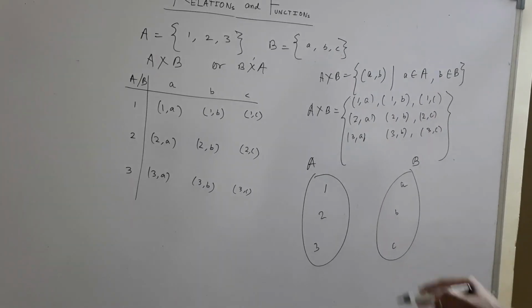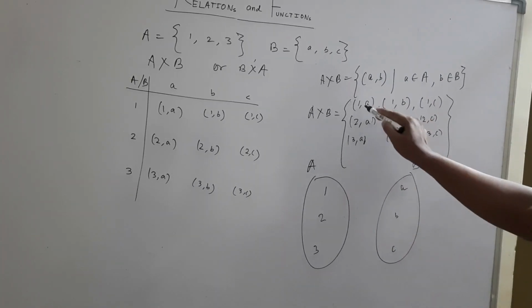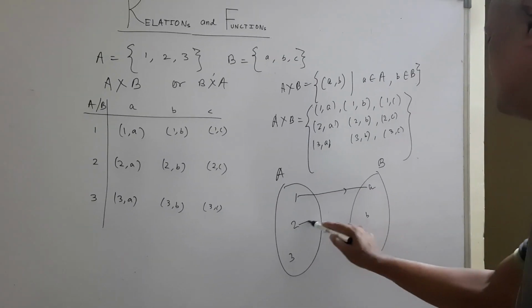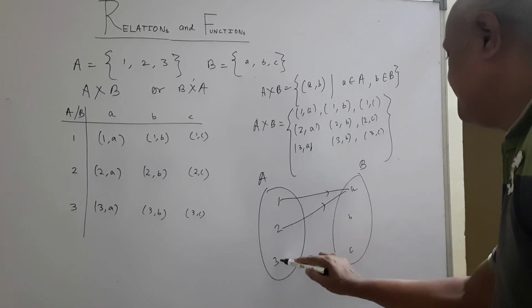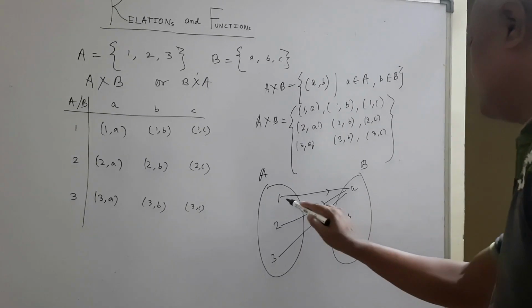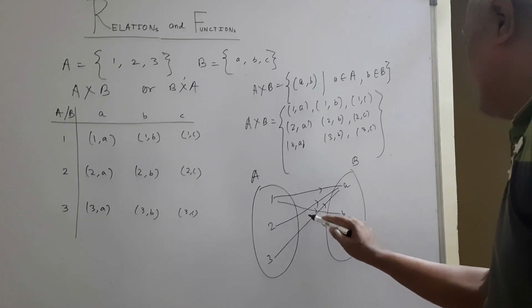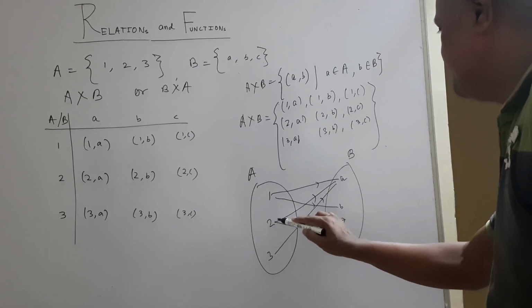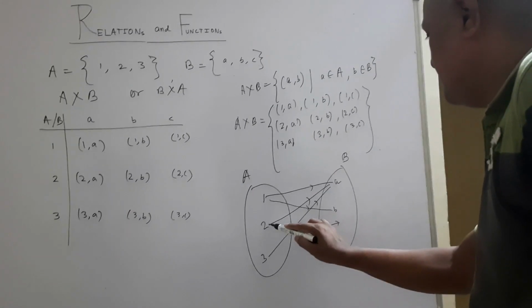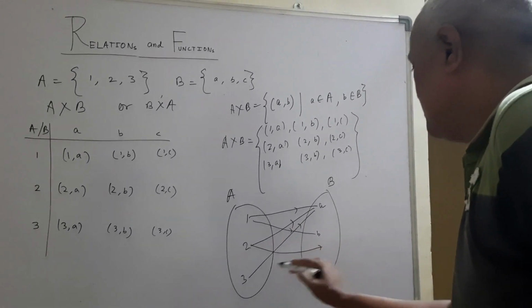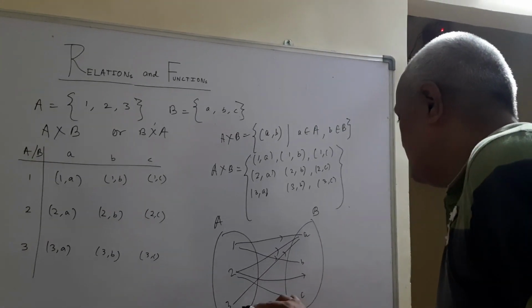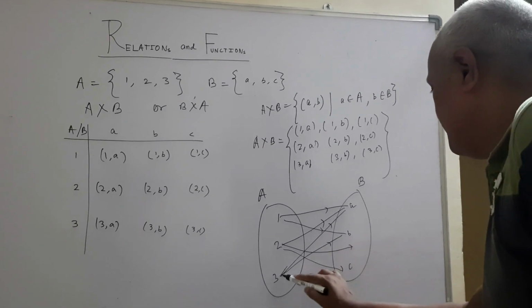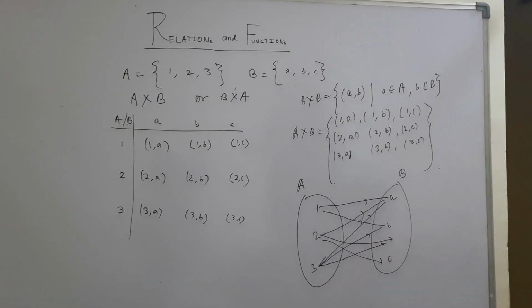Now you see that we got the relations: 1a means 1 to a, 2 to a, 3 to a, then 1 to b, 2 to b, and 1 to c, 2c, then 3a, 3b, and 3c.